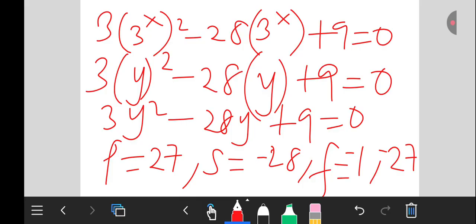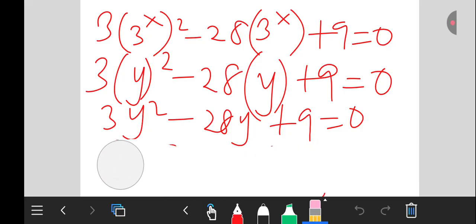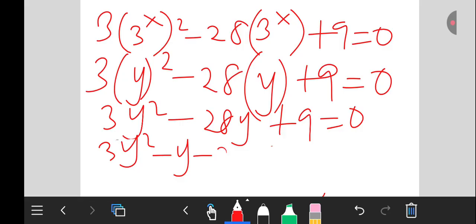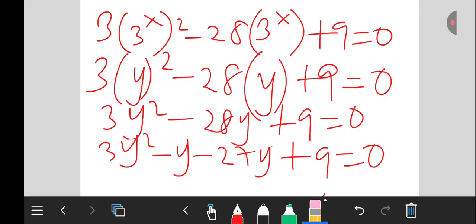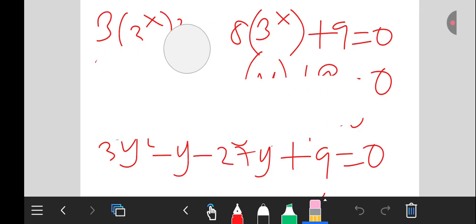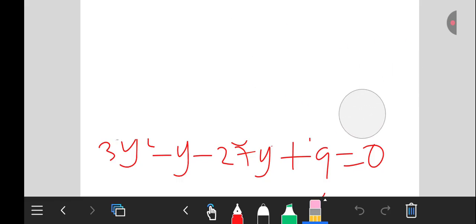Okay, so these are the factors. Let's now expand this. We know the factors, so it will be 3y square, the factor 1 is the negative y, minus 27y, the second factor, plus 9 is equal to 0. Let me write from the top so that I don't use another slide.